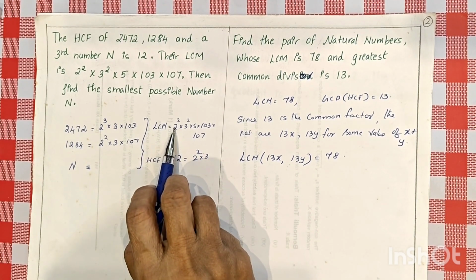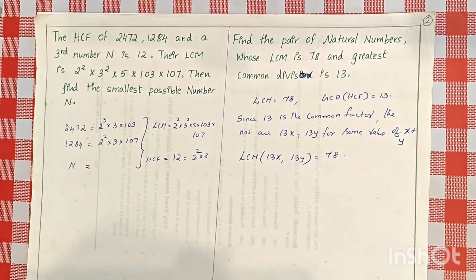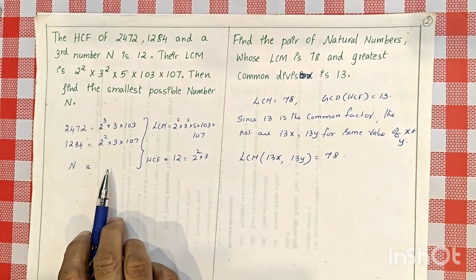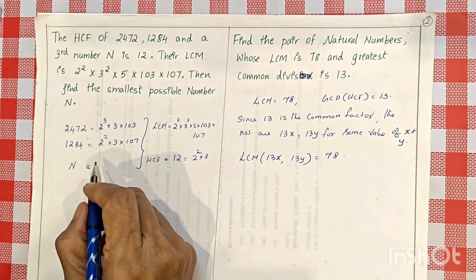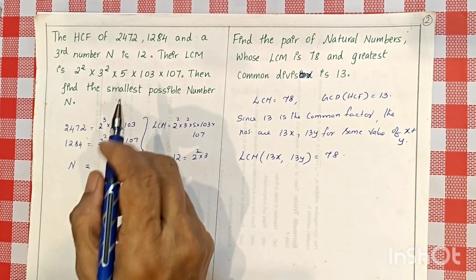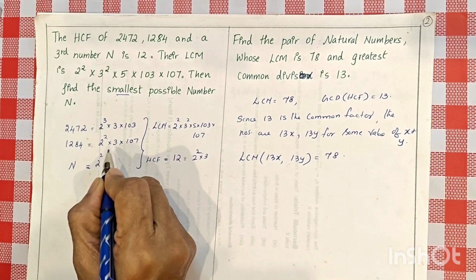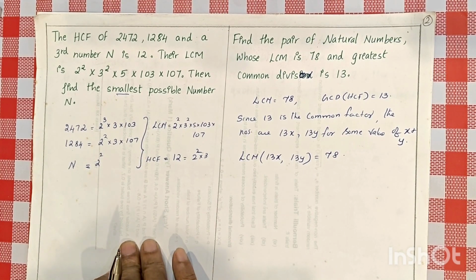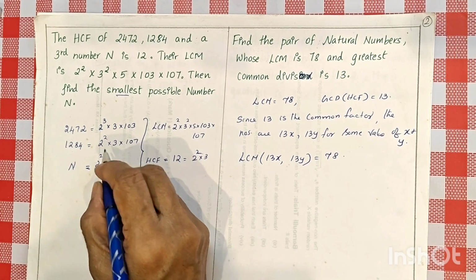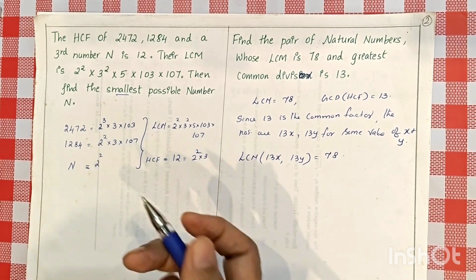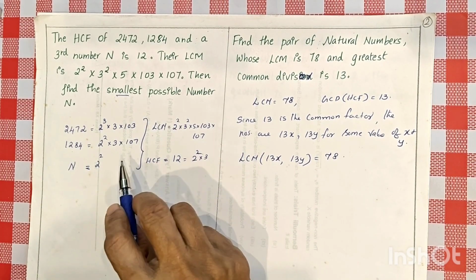So see the LCM, now you have 2 squared, 3 squared, 5, 103 and 107. So this number can have 2 squared or 2 cube, but we need only the smallest possible number. Actually it need not have 2 squared, but when we come to HCF you may need it.